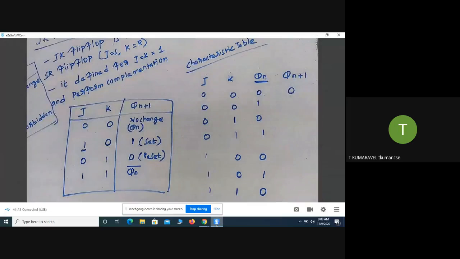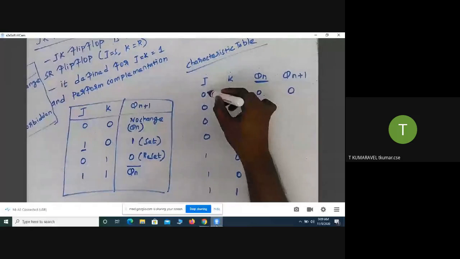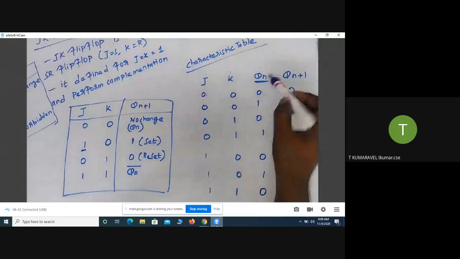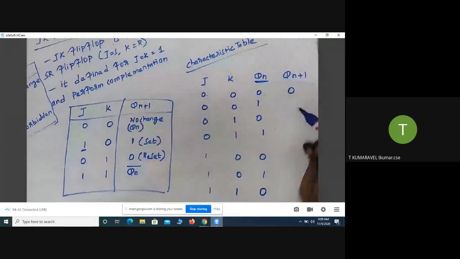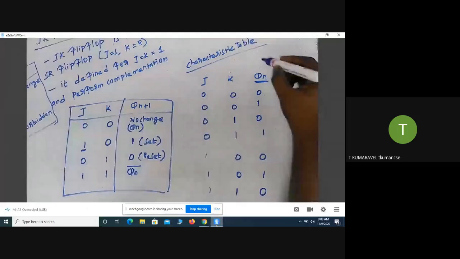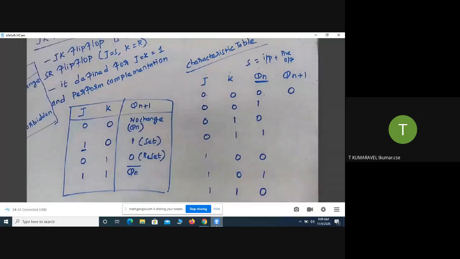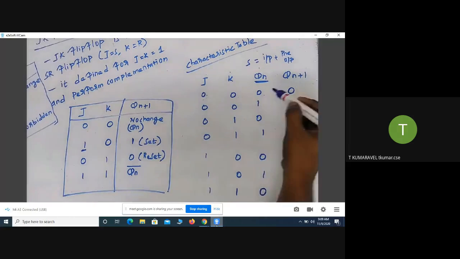Here my three inputs are J, K and Q1. Q1 is nothing but the previous stage output. How does the sequential circuit take the decision? From the current input plus the previous stage output. JK is called the current input, and Q1 is called the previous stage output. Now I define the current state output.